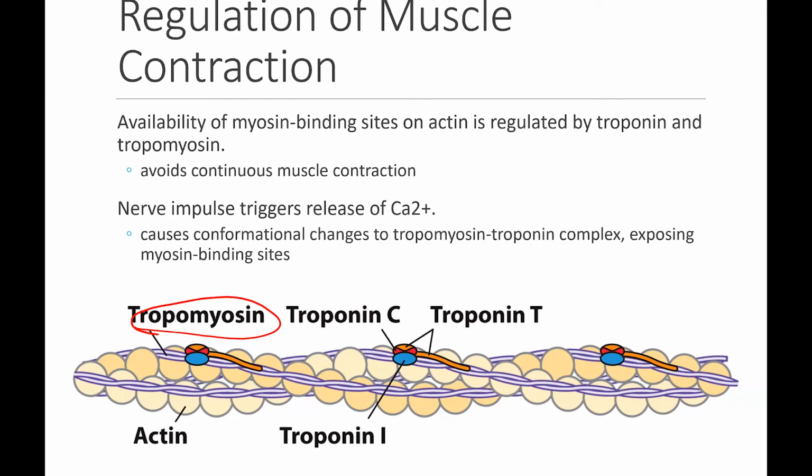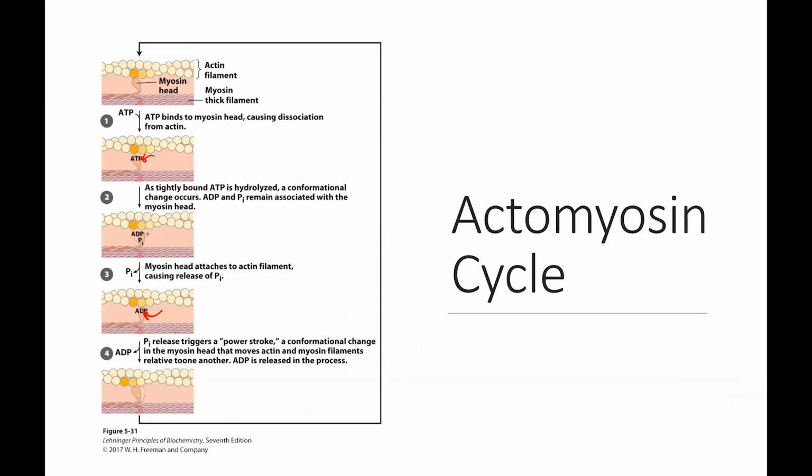So first, calcium binding, which exposes the actin by changing tropomyosin, and then the actin and myosin interaction, which utilizes ATP binding to have conformational changes to cause contraction in muscles.